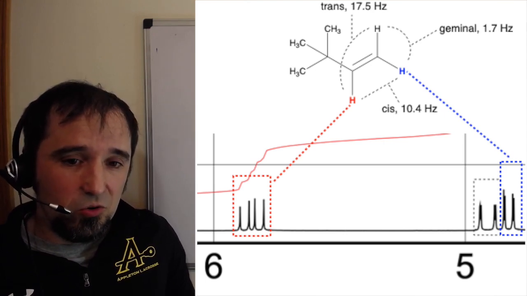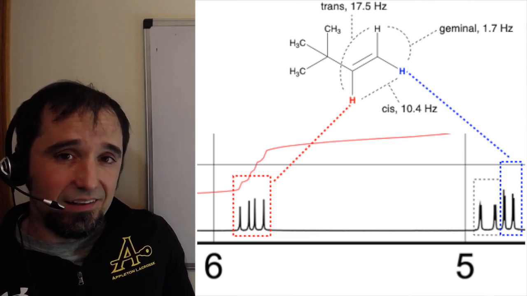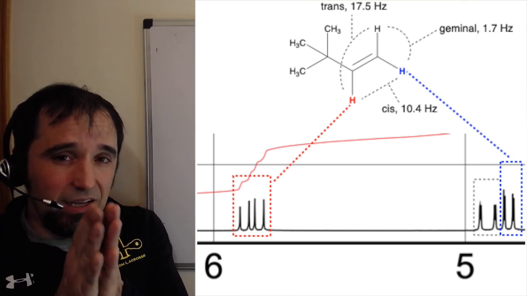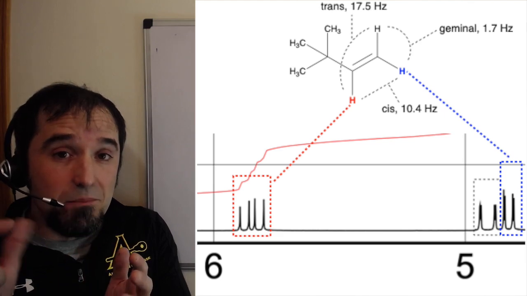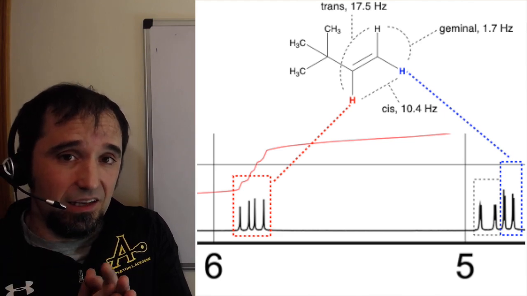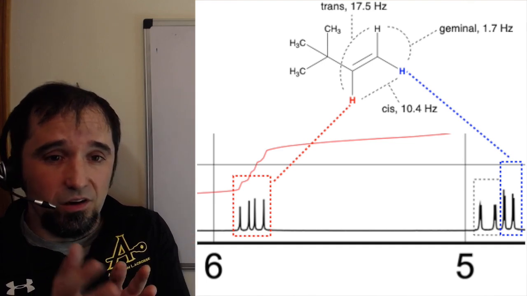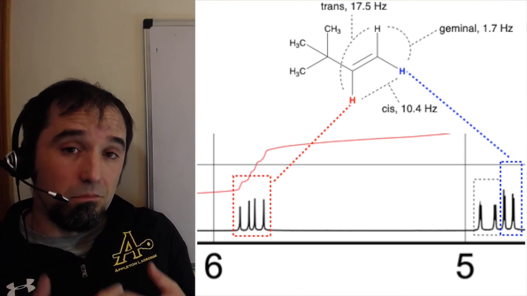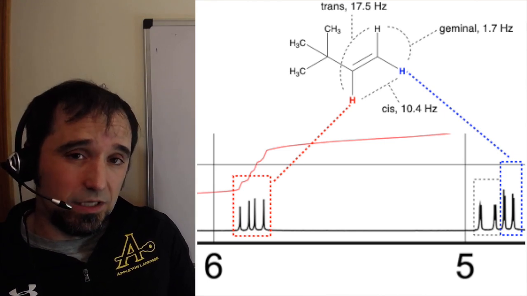Okay, so those two on the right side look more like doublets at first glance, but if you look really, really carefully, there's that really fine splitting, and that is a weak coupling from the two geminal protons on the end. If you notice, there's none of that fine splitting on the red proton to the left. So again, these are multiplets, doublets of doublets, because they are split by two protons unequally.